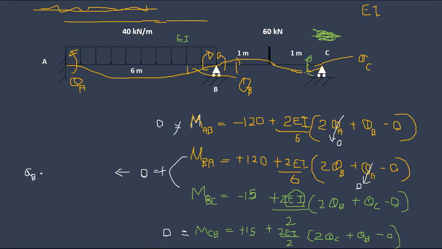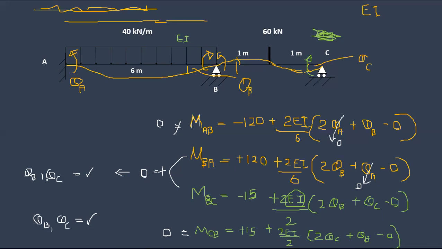So this will give you something, and you know this equation is also MCB, total bending moment is 0, right? You have only one member and that is 0, and you will get an equation from theta B and theta C only, equals to something. Here also you will get theta B and theta C equals to something. From that you can find theta.